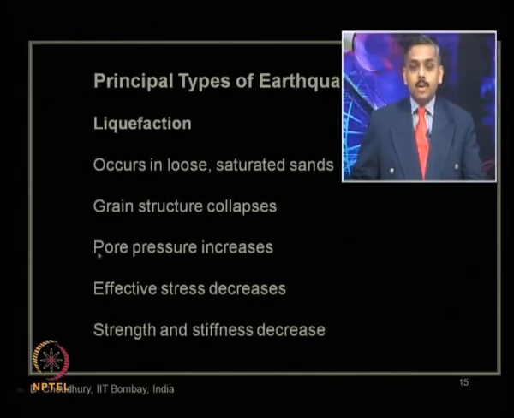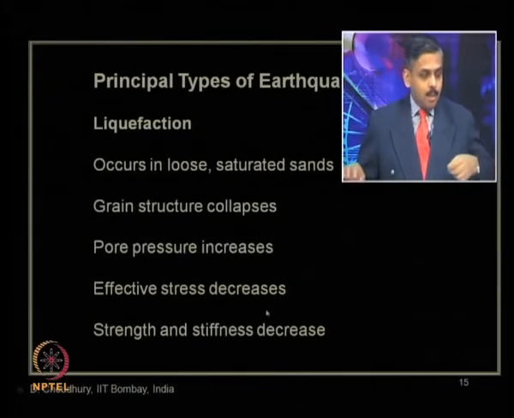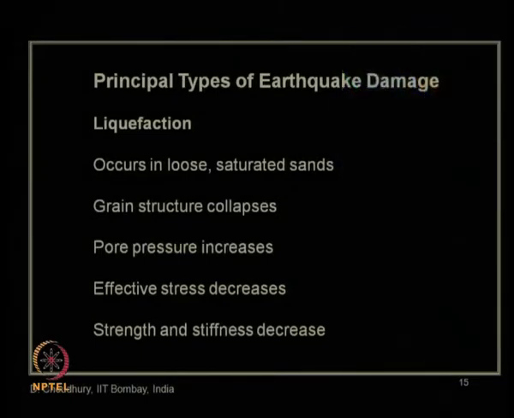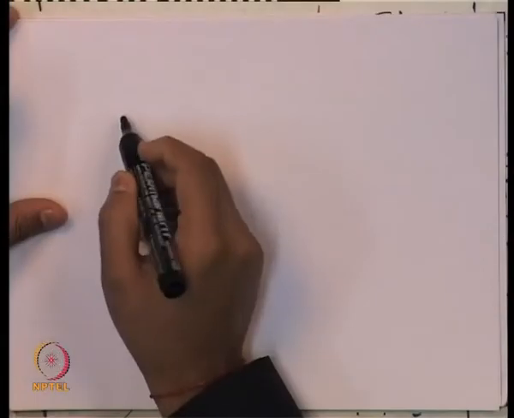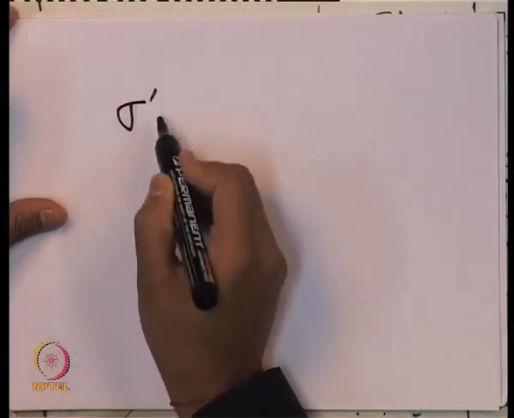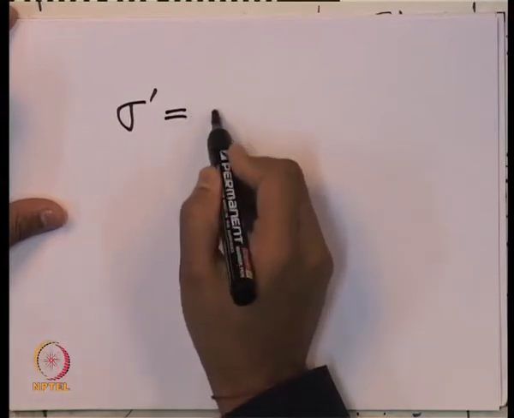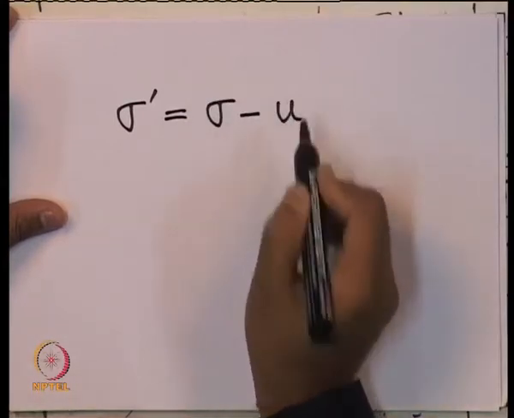Automatically it will reduce the effective stress, because we know the total stress equals effective stress plus pore water pressure, or in other words, effective stress is total stress minus pore pressure. Total stress remaining constant, if pore pressure increases, obviously there will be a reduction in the effective stress, as we can see from the very well known effective stress equation of Terzaghi. Effective stress is given by total stress minus pore water pressure.